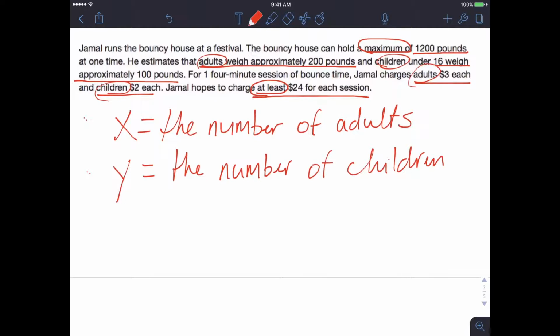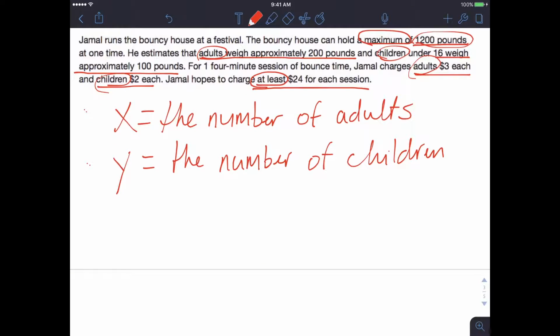So now let's go ahead and put the system of linear inequalities together. Sorry, a little mumbly. So the first one here, let's look at this information. Adults weigh approximately 200 pounds.